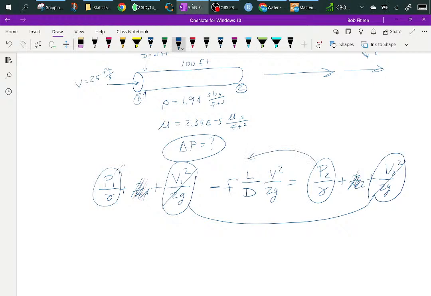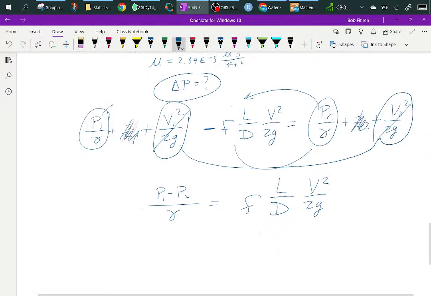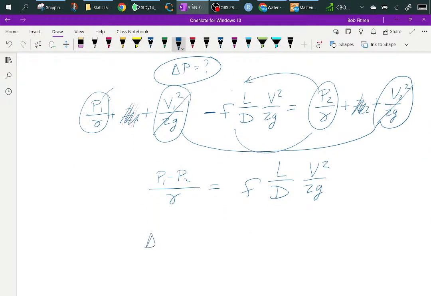So you can say it this way: P1 minus P2 over gamma is equal to, moving that over, F L over D, V squared over 2G. So let's say we wanted to know what the delta P is. Let's go ahead and call that delta P, because that's what this is.